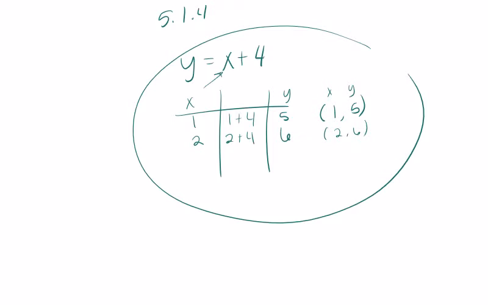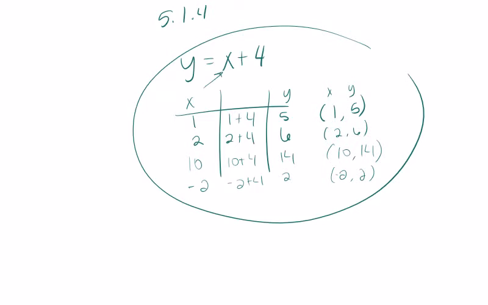Like I could say x is 10. Well, 10 plus 4 is 14, so (10, 14). I could say x is negative 2. So negative 2 plus 4 is 2, so an ordered pair would be (negative 2, 2).